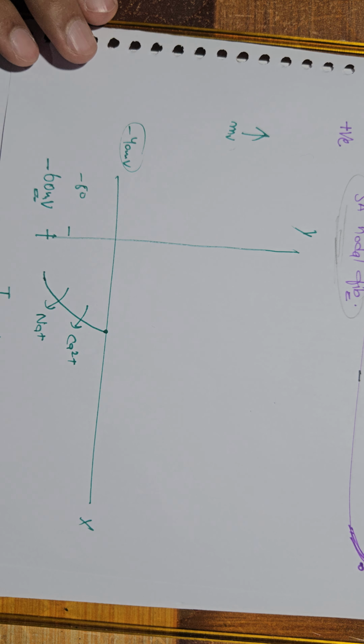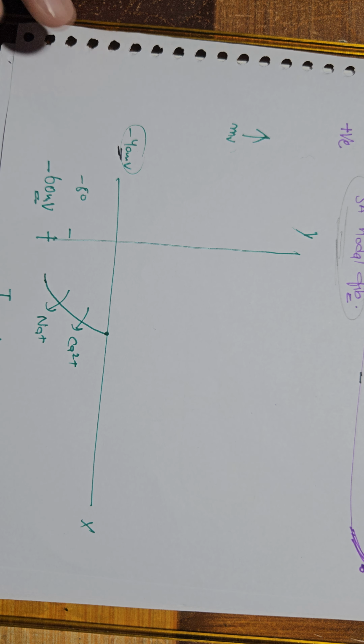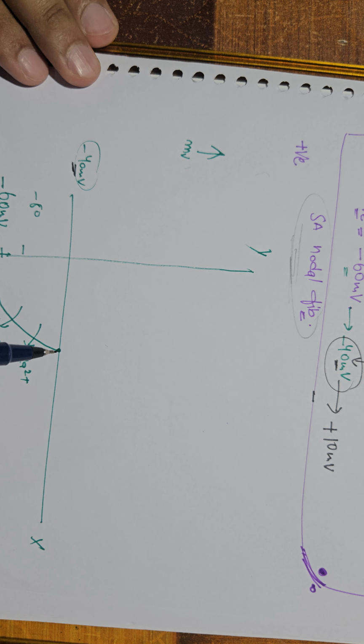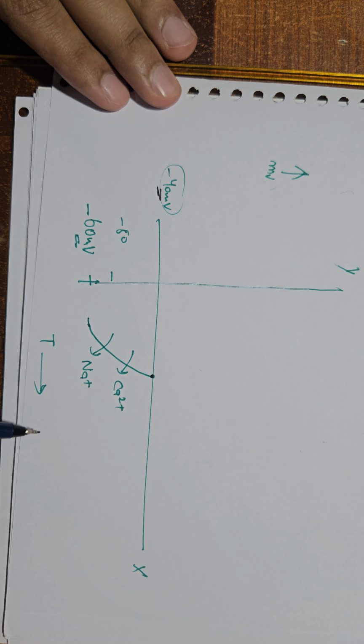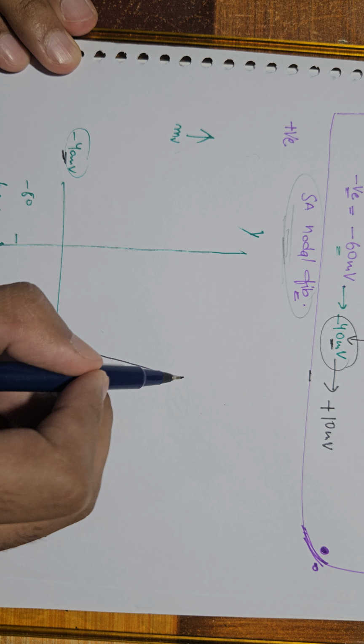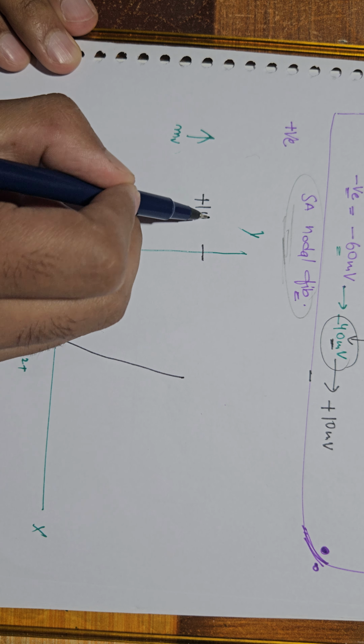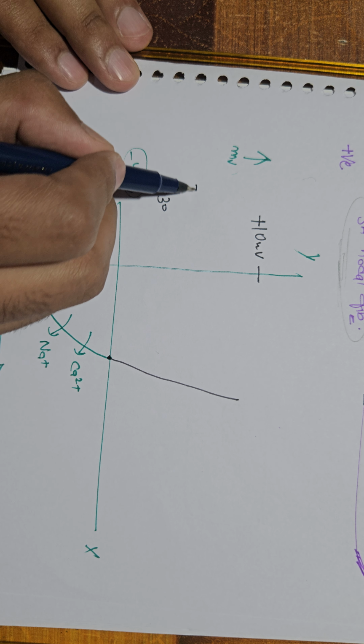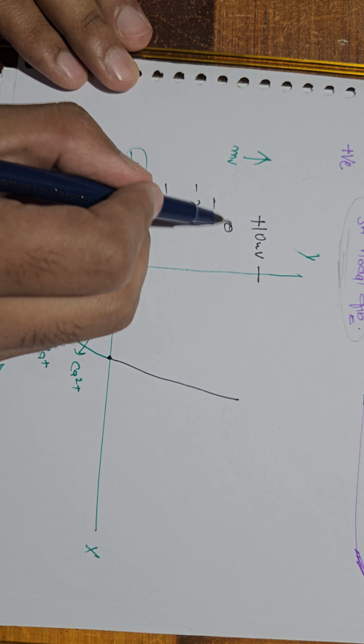Is that clear? So at minus 40 millivolts, there is an opening of another type of channels, known as calcium L type channels. Due to the opening of the calcium L type channels, with time the potential goes to plus 10 millivolts. So the potential increases: minus 40, minus 30, minus 20, minus 10, 0, then plus 10.